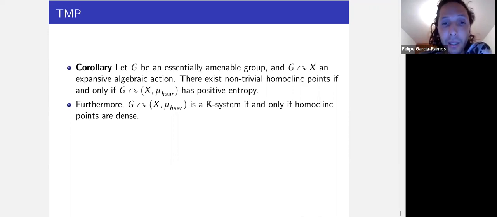In this case, when you have a K-system, this is exactly when the homoclinic points are dense. So we have these two extreme cases. Here we only want one non-trivial homoclinic point, and here we want homoclinic points to be everywhere around.